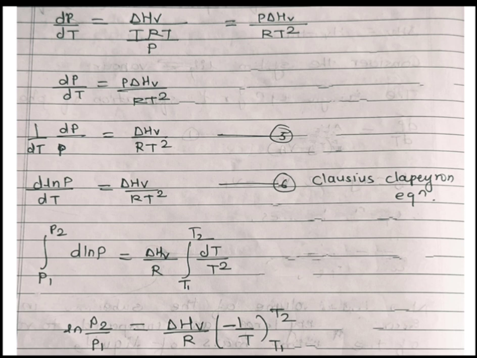Now just putting in our integration values, the equation becomes ln of p2 upon p1 is equal to del Hv upon R in the bracket minus 1 upon T, with limits T1 to T2.